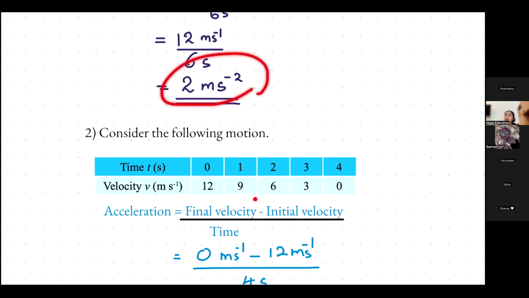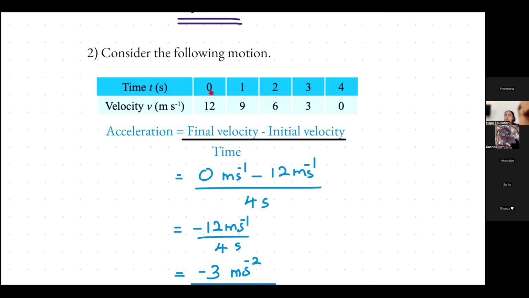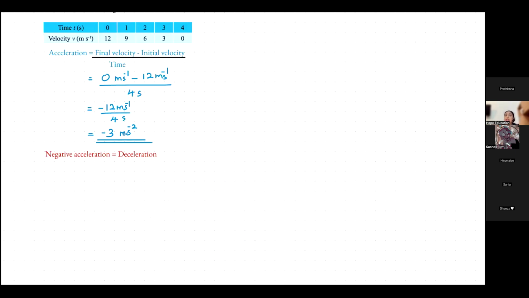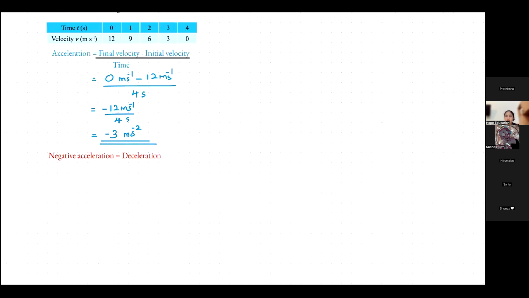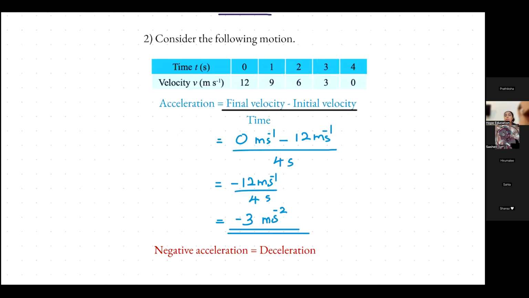But what has happened here? As every second goes by, the velocity decreases. That is something like stepping on the brakes, right? When your father or mother or somebody who's driving presses on the brakes, the velocity will slowly decrease.